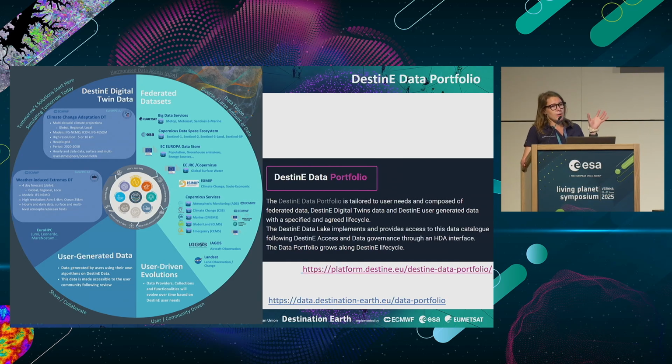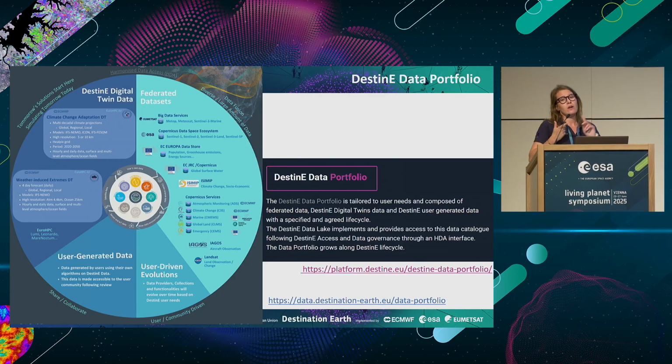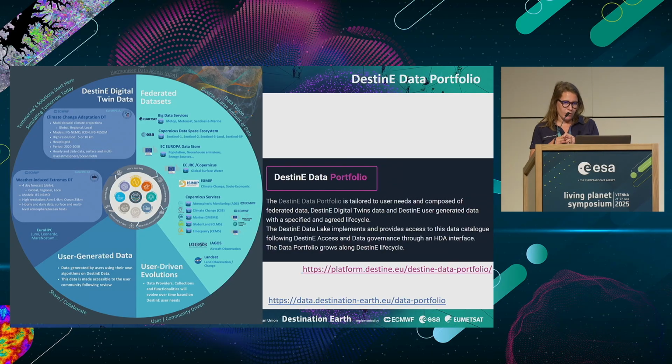This catalog is implemented by the data lake architecture, which stores some data close to the HPC centers, the digital twin data produced by ECMWF, so that it consists of the climate adaptation digital twin together with the extreme event ones, and also close to other big data stores, such as the EUMETSAT one, a data store maintained and operated by Cloudflare in Warsaw.